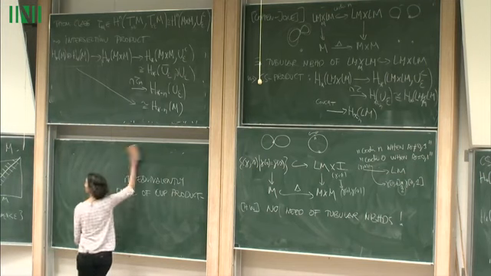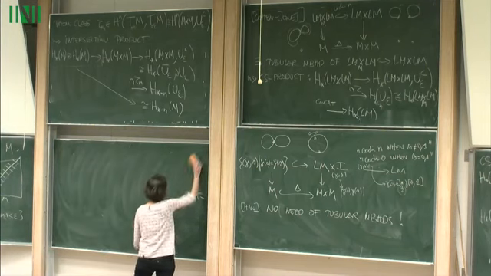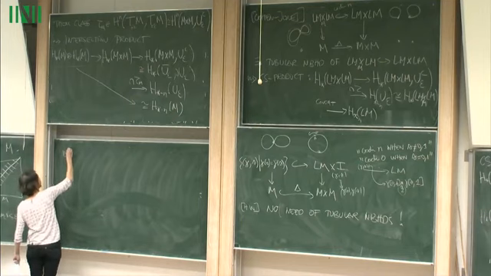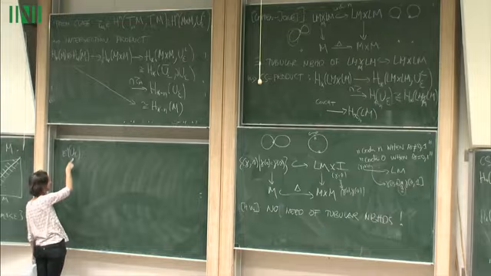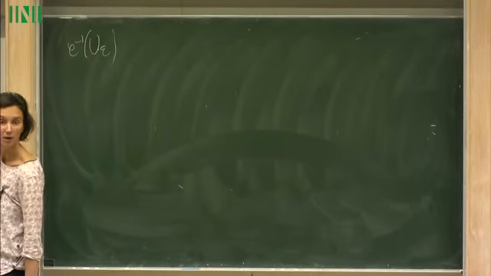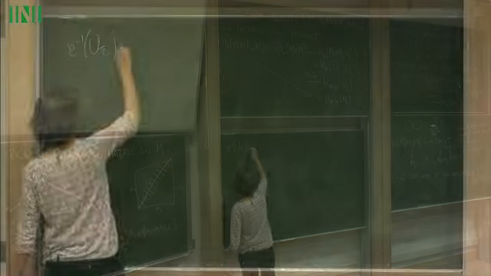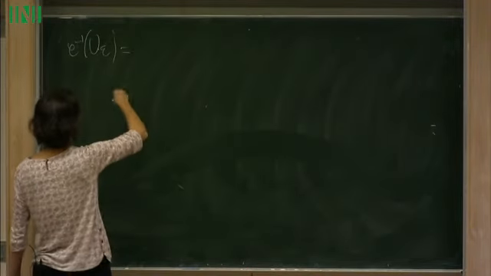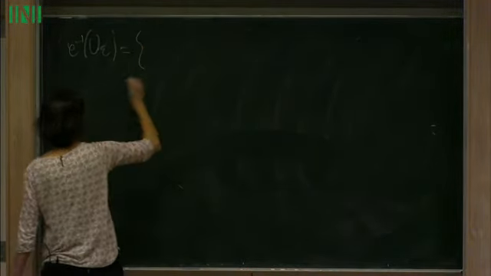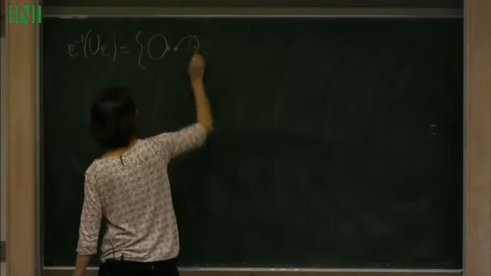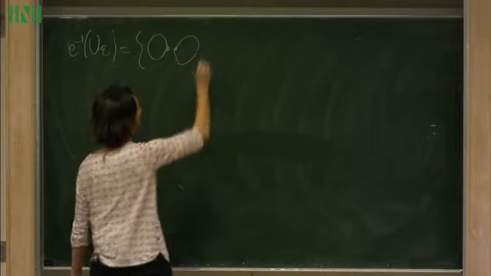So what is this, E inverse of U epsilon? Remember, these were the points that were at most epsilon from each other. This is now the inverse image under the evaluation map. Let me just draw it: a loop and another loop, and somehow they are close by.